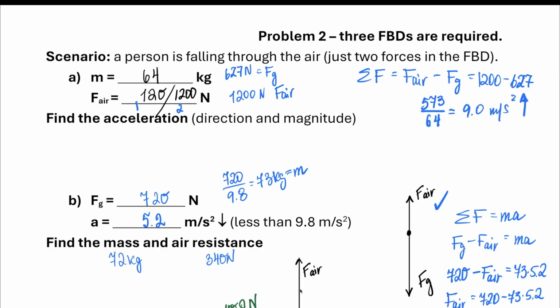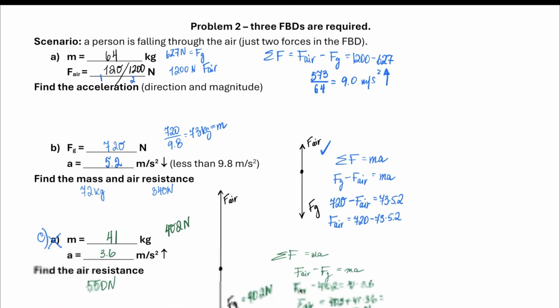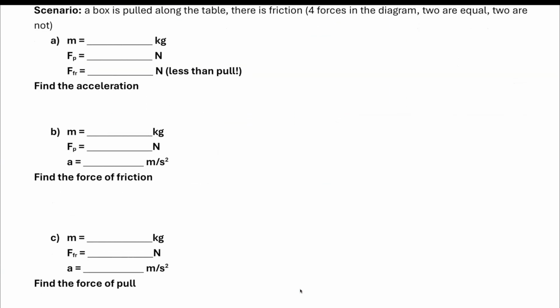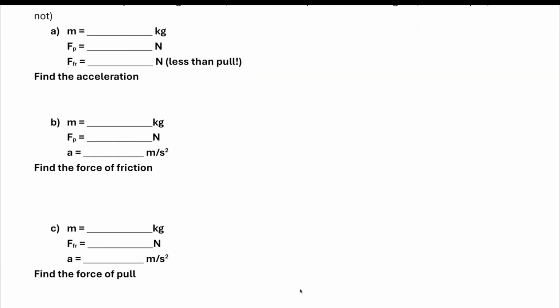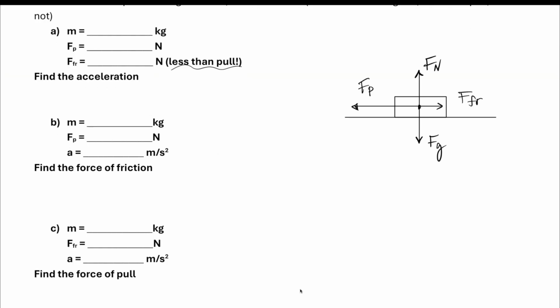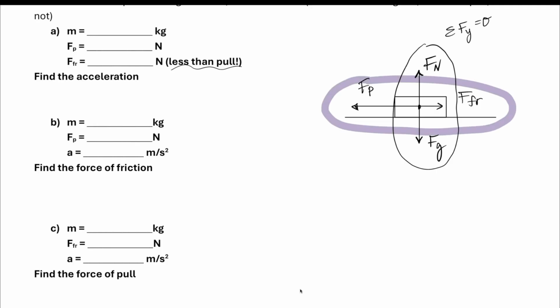Problem 3 is about an object on the desk, and again here I can just draw one free body diagram. So that's going to be Newton's first law for these. The net force in the vertical direction is 0, they're balanced. But in the horizontal direction, we have these two forces, and pull is greater than friction.